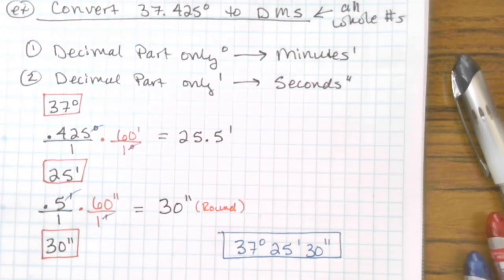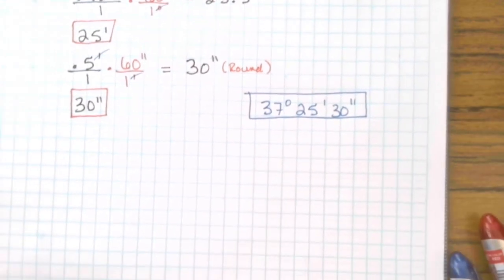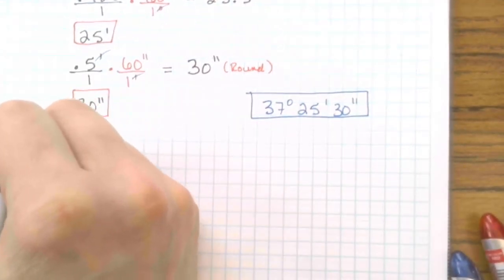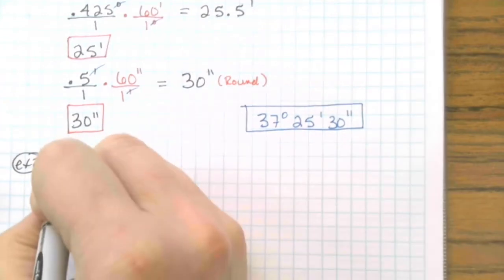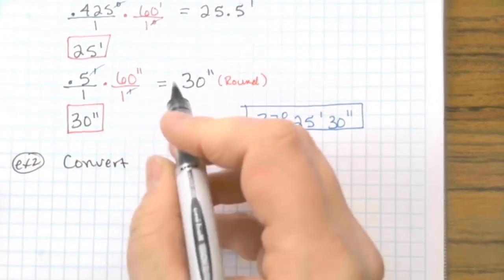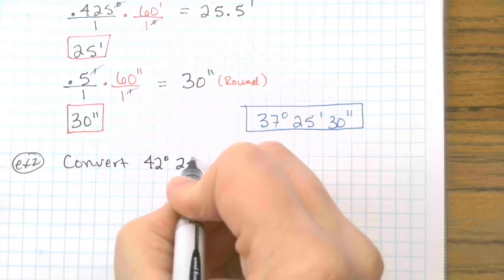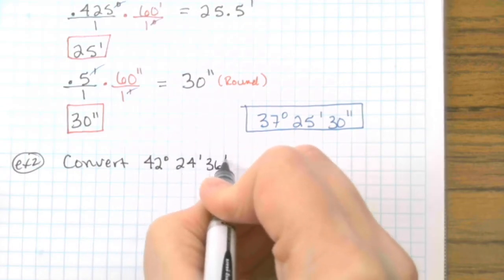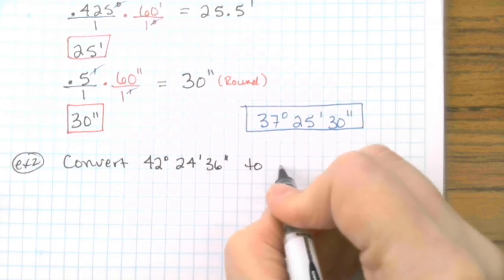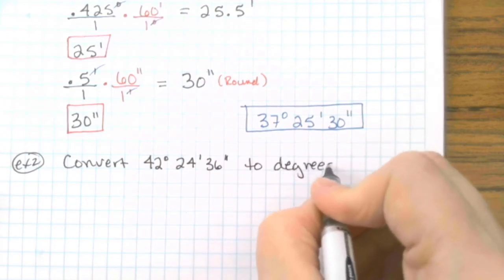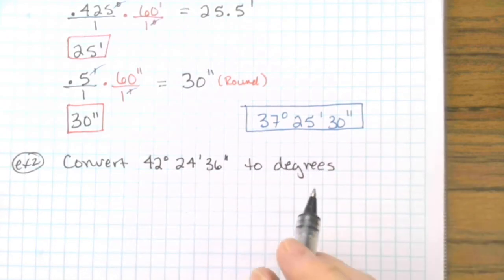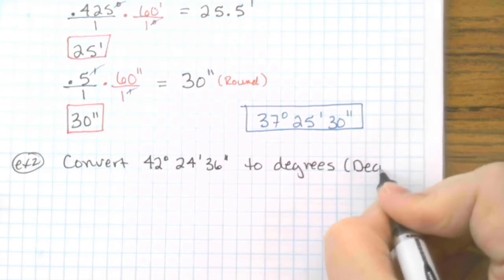All right, we're going to go the other way now. So example 2, we are going to convert 42 degrees, 24 minutes, 36 seconds, and we're going to convert this to degrees. And because it has minutes and seconds, you're going to have decimals in this.